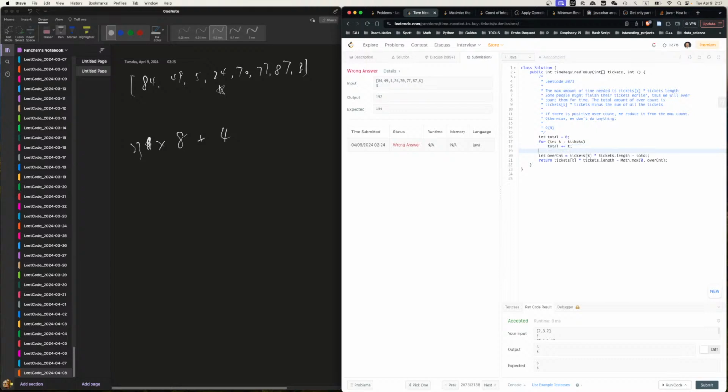And we need to say int max time shall equal to tickets k, right, times tickets k minus 1. So we don't go through all of them. This times tickets dot length plus k plus 1.